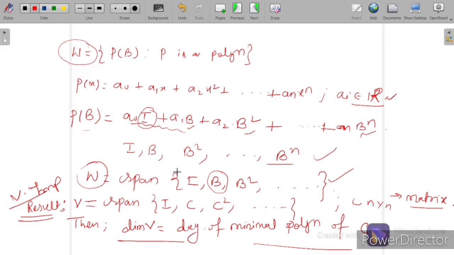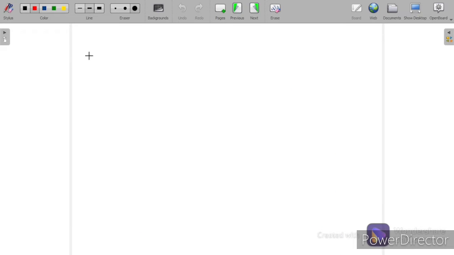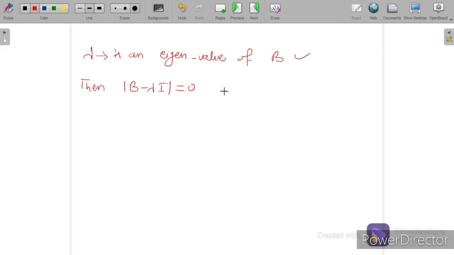Because the minimal polynomial is the smallest degree polynomial such that B is a root of it. So let's find out the minimal polynomial for the matrix B. Let lambda be an eigenvalue of matrix B. Then determinant of B minus lambda I equal to 0.